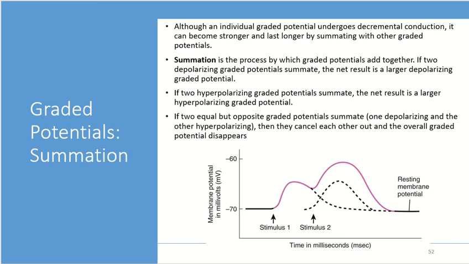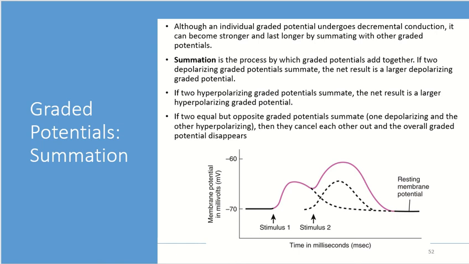However, although an individual graded potential is going to undergo decremental conduction, it can become stronger and last longer by summating it with other graded potentials. So summation is the process by which graded potentials can be added together. If two depolarizing graded potentials are summated, the net result is going to be a larger depolarizing graded potential.